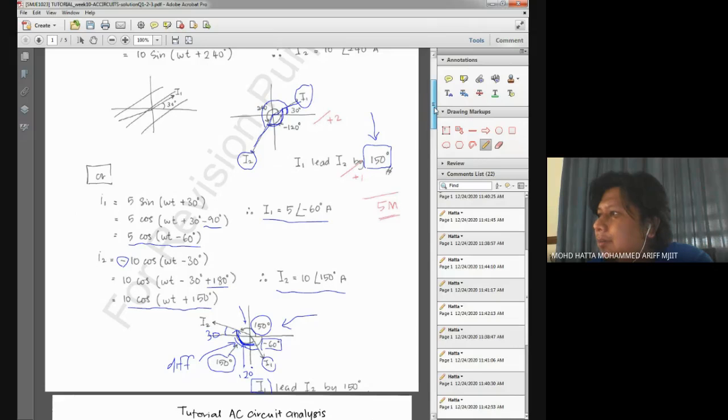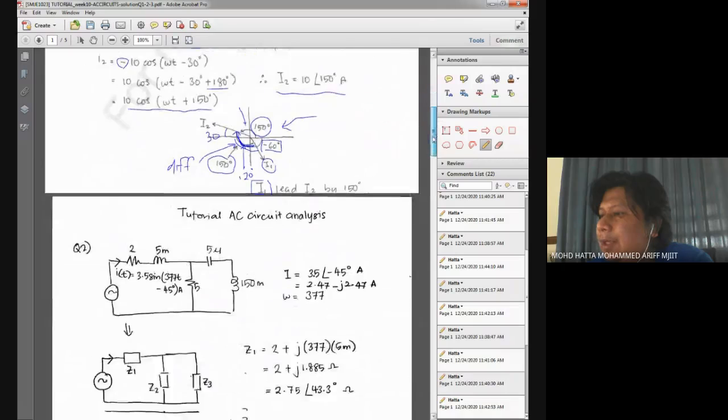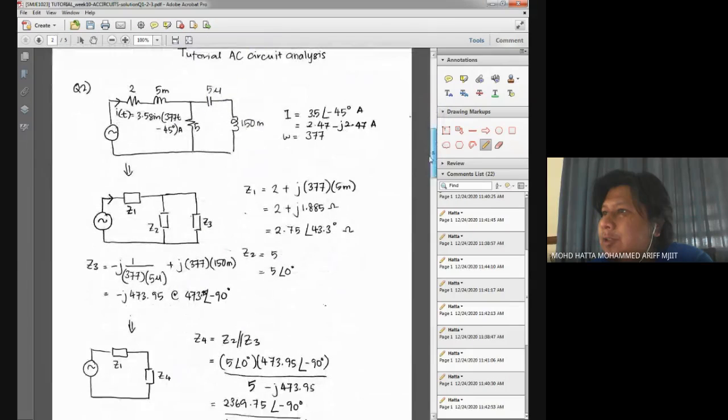Okay, for the second question, the second question is also a very popular question in your test. Looking at the question here, we've been given a circuit and the voltage is not given. However, the current is given as information inside the circuit.